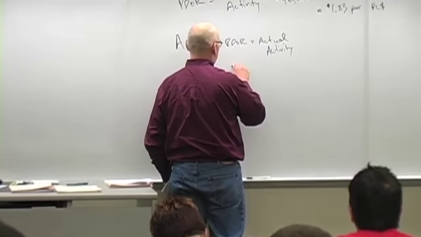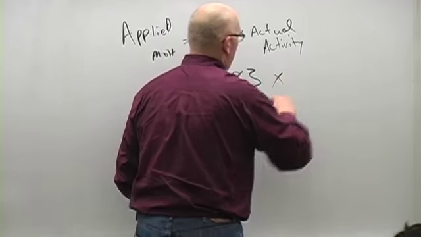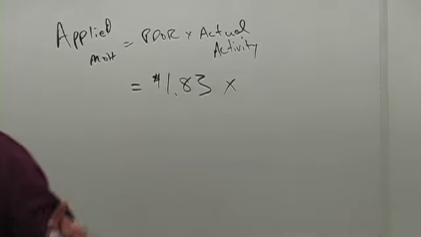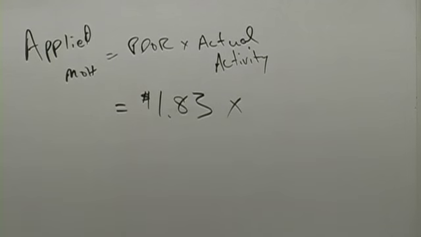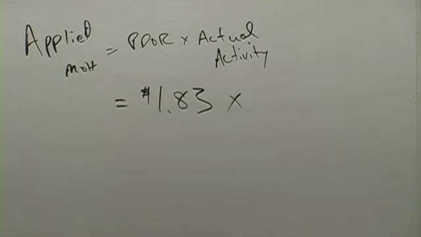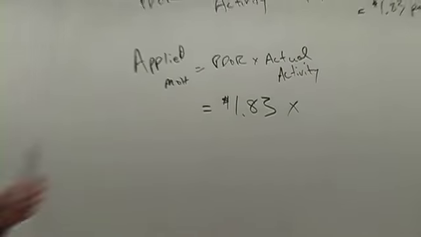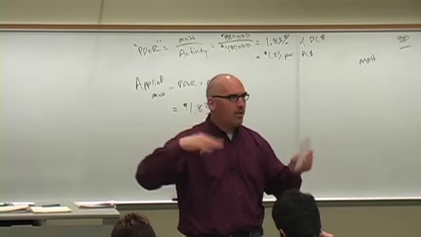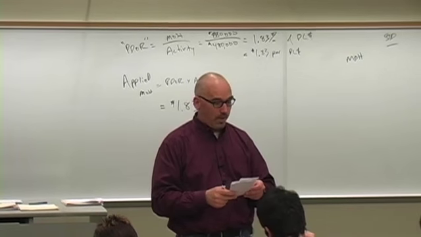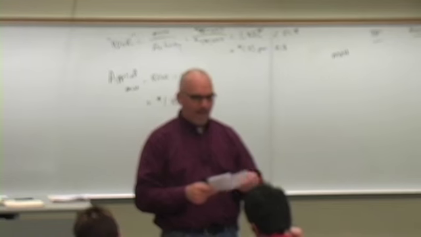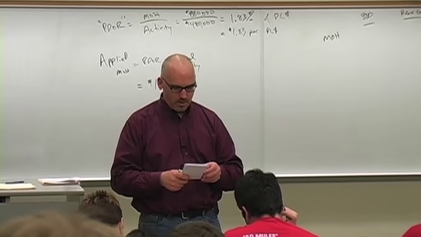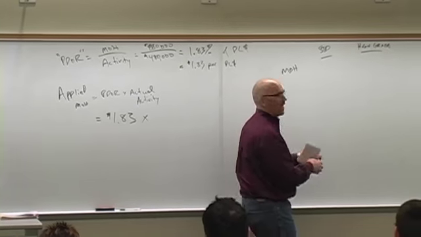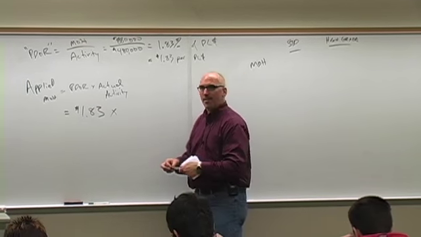$1.83 times something. So in order to allocate overhead to those two products, we need $1.83 times something. What in words? What's the activity in words? Direct labor costs. Do we have direct labor costs somewhere that it's split between the two product lines? Yes, we do, don't we? David, do you see that? Now you do. Carrie, can you help us out? What do you want? Some numbers to write down. 3 times the $348,000.